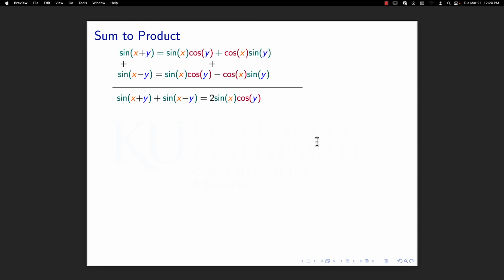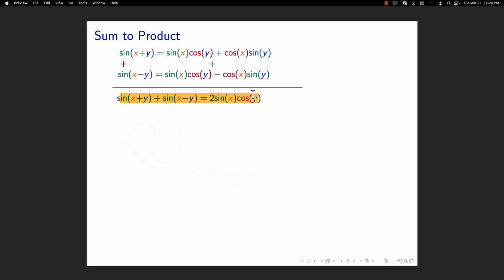To find one sum to product identity, remember in the last page when we were trying to find the product to sum identity, we arrived at this formula. Now, the plan is to find the sum to product.